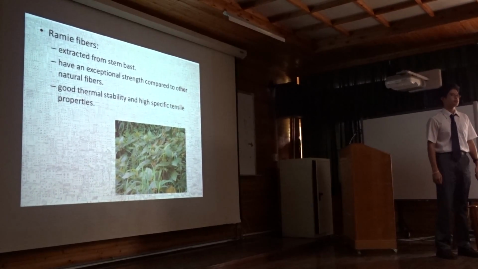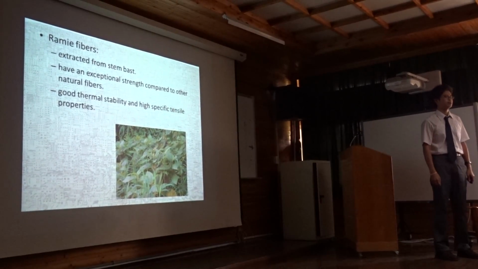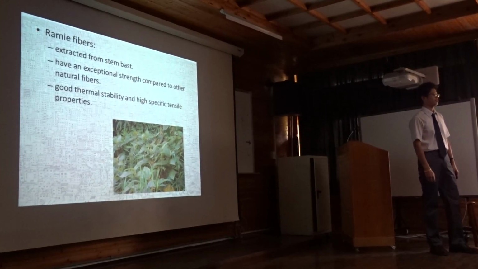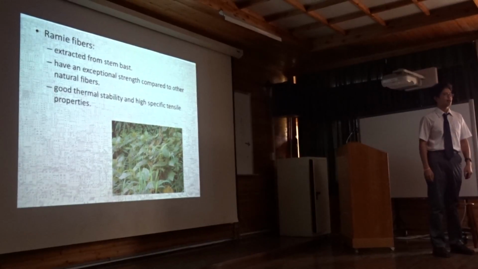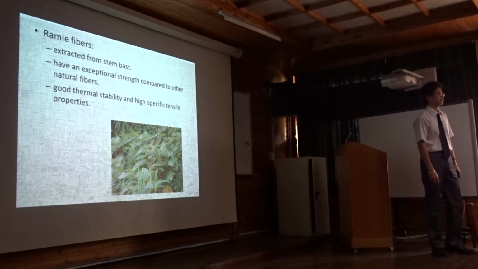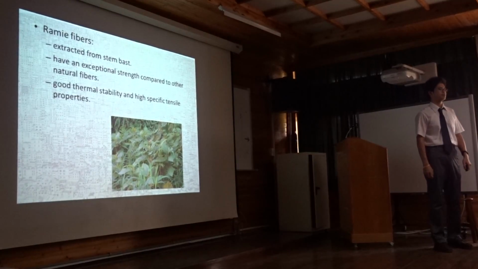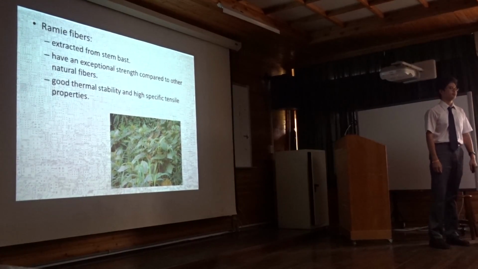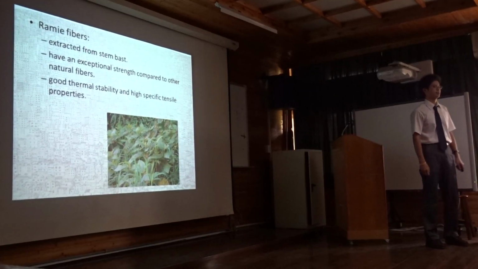Rayon fibers are extracted from stem bags and have an exceptional stress compared to other natural fibers. Physical properties of rayon fibers have been investigated, and the research results have shown that rayon fibers exhibit good thermal stability and high specific tensile properties. Thus, rayon fibers are considered as good reinforcing element in making polymer matrix composites.